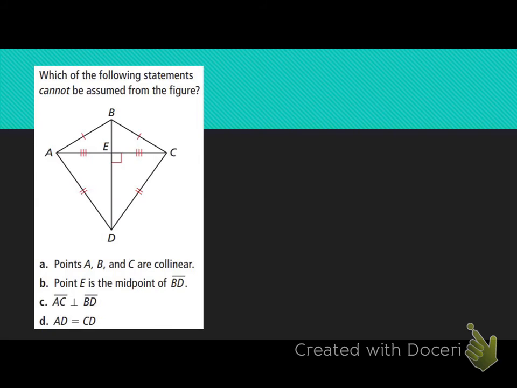You're going to write down the letters for the ones that cannot be assumed from the picture. So on your whiteboard, you're writing down either A, B, C, or D, or a combination of them. So which ones cannot be assumed from the figure?